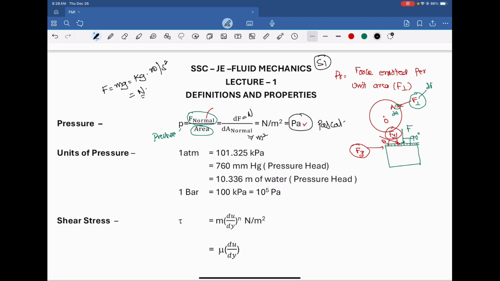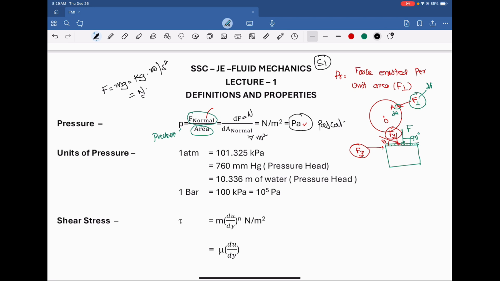Please be very, very careful in understanding the units of pressure, units of dynamic viscosity, units of force, units of length, units of volume, which may look very simple, but they get complicated once you go deep into the subject. Don't mix two types of units. Follow one unit system throughout the subject.